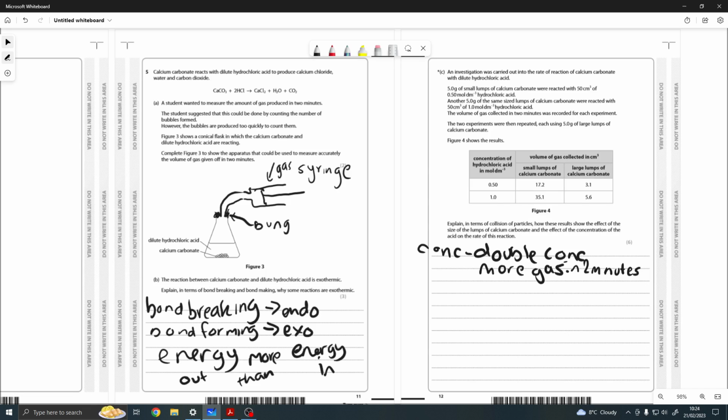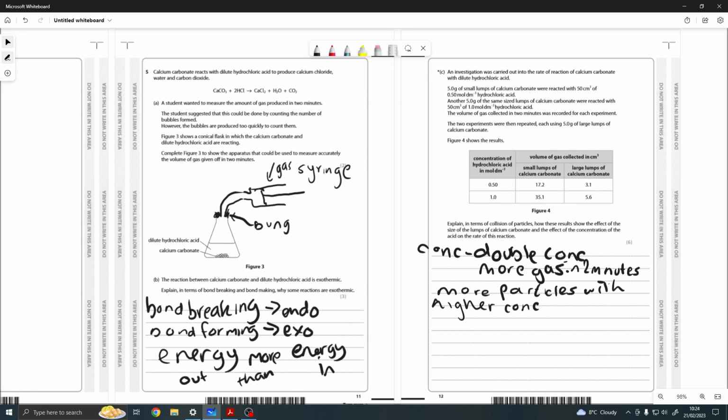So you get more gas in 2 minutes. Now, what that means is there are more particles if you increase the concentration. With higher concentration, there are more particles.